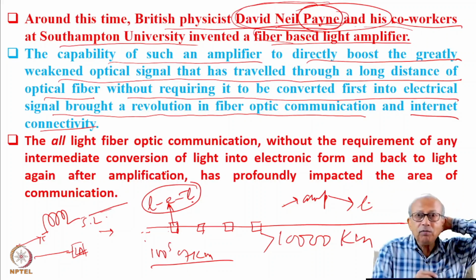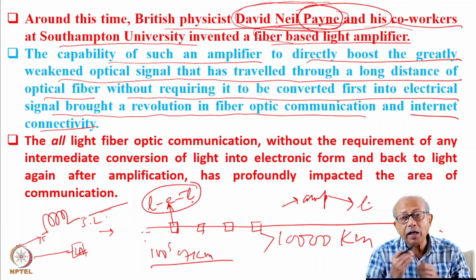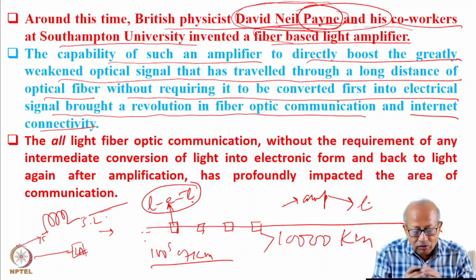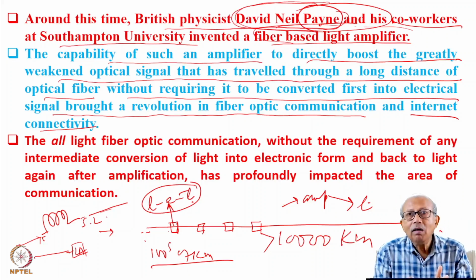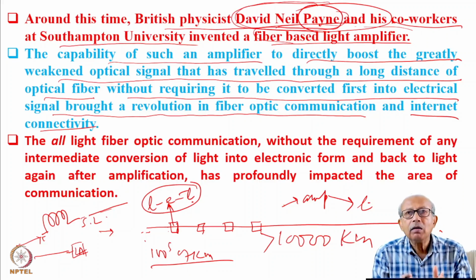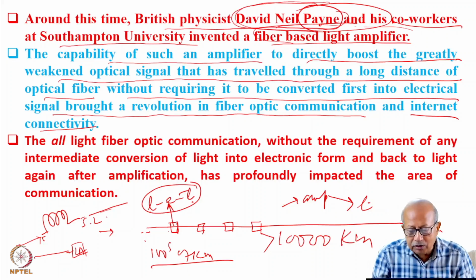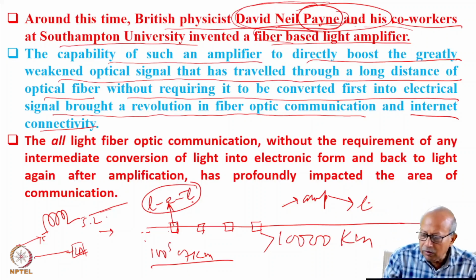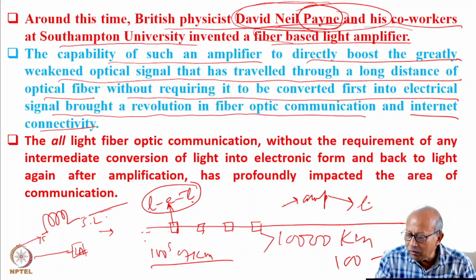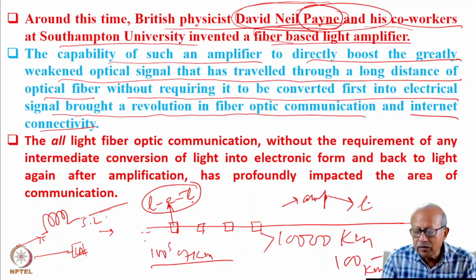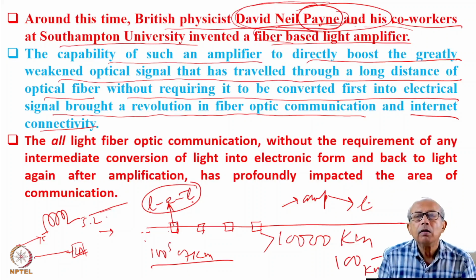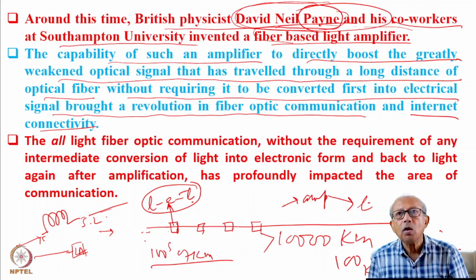And this light amplification can amplify the light to such a great extent that the booster interval, the length for which boosting was required, increased from about 100 kilometers to 500 kilometers. That means the number of these booster stages also reduced.